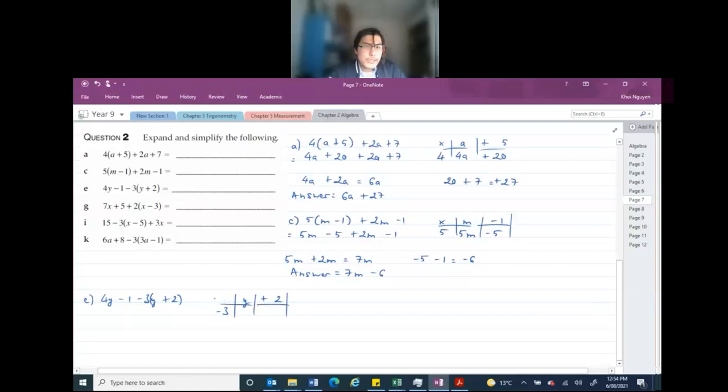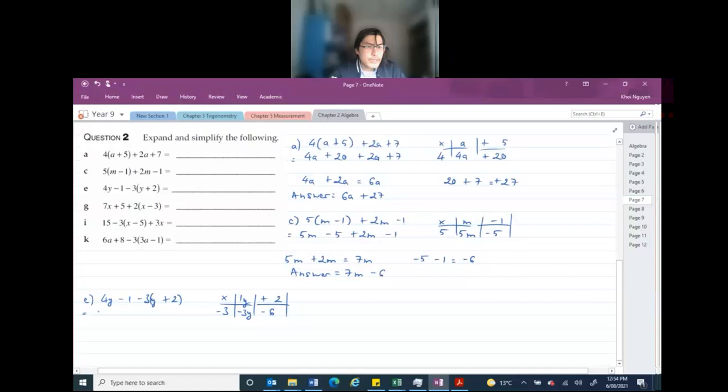Multiply them together. Negative 3 times, now this is 1y, so negative 3 times 1. Negative and a positive is negative. 3 times 1 is 3, so negative 3y. Then negative 3 times plus 2, negative and a positive is a negative. 3 times 2 is 6.